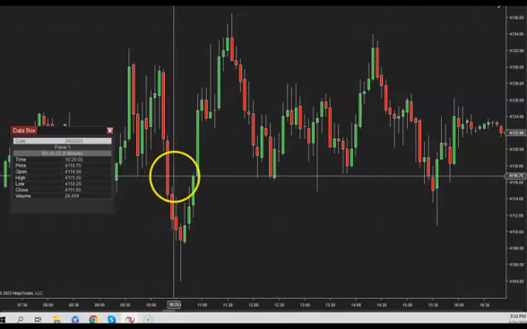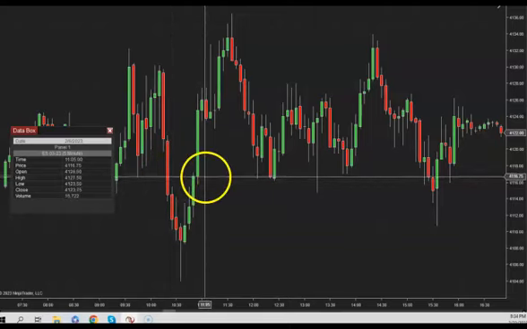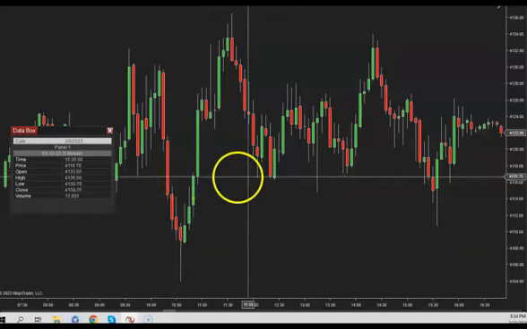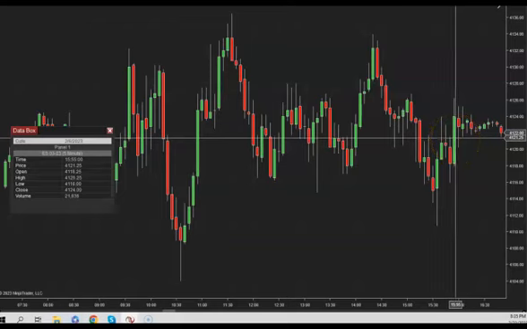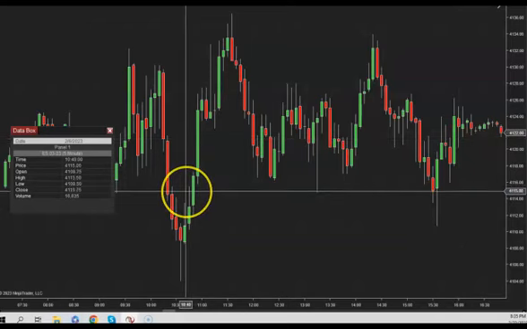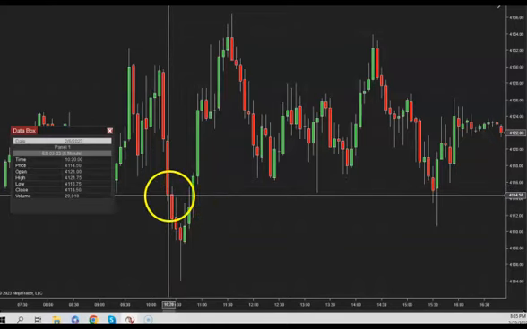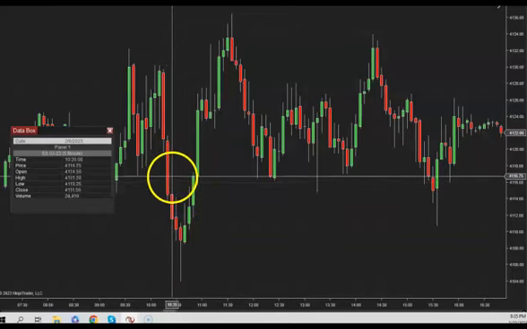So if you're selling it here and you're holding it for the whole rest of the day, at 4 o'clock it closed at 41.20, we'll call it 23. So 41.23. So that's a loss of, what, 9 points, something like that. Oh no, that's the low.